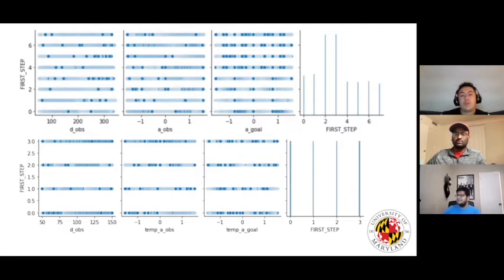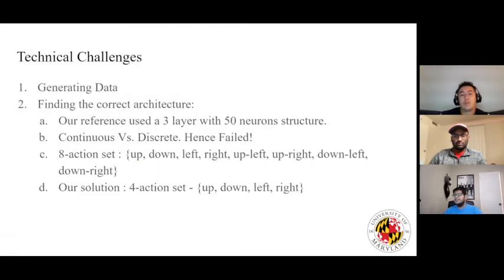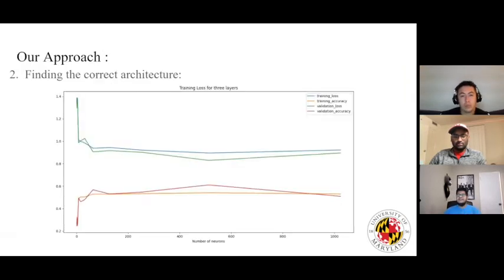And as you can see, it's pretty easy to classify these separately. Now the problem seems simpler. The distribution seems more uniform, and this helped our neural network gain good accuracies. So that was our solution, to reduce from 8 actions to 4 actions, which proved very effective.